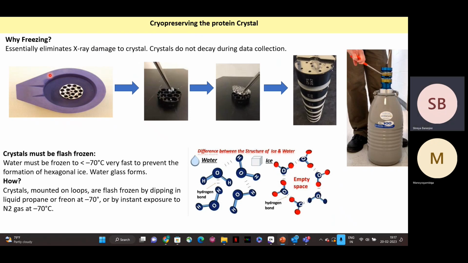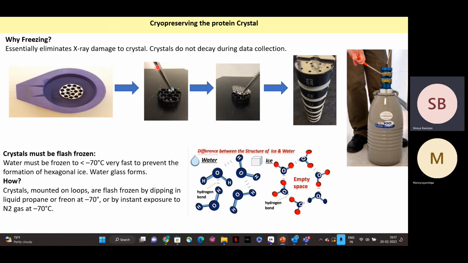The next step is cryopreserving the protein crystal. So why do you need to freeze the protein crystal? Basically, X-rays have very high energy and they can damage the crystal. So to ensure that the crystal does not decay during data collection, this freezing is very essential.